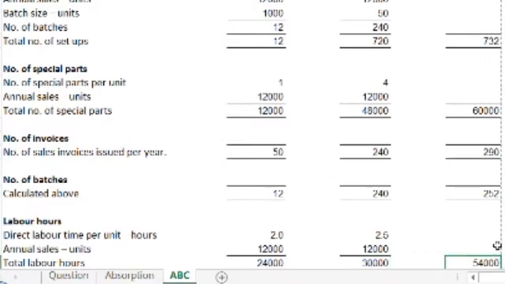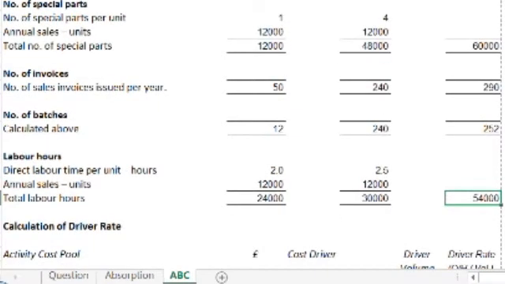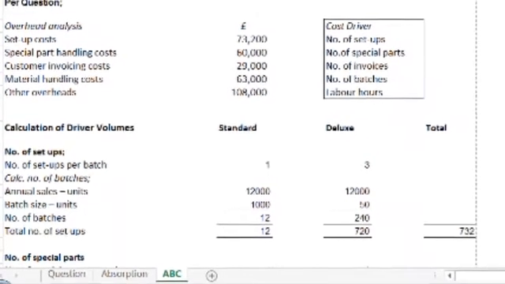If you add them, 54,000 total labor hours are needed. Now we have worked out our driver volumes: how much of each cost driver is required for each product, and the total of the two. That is what we have done in this step.